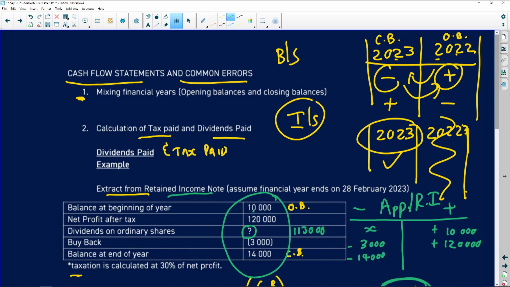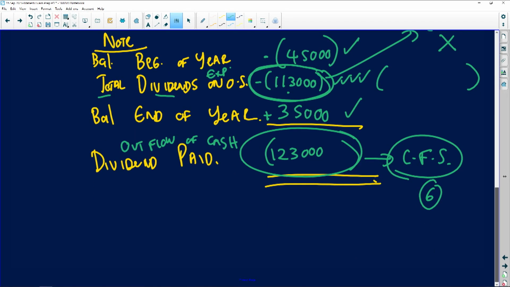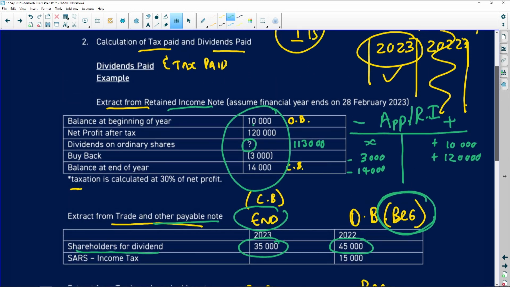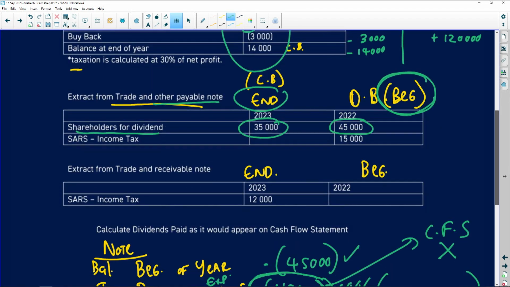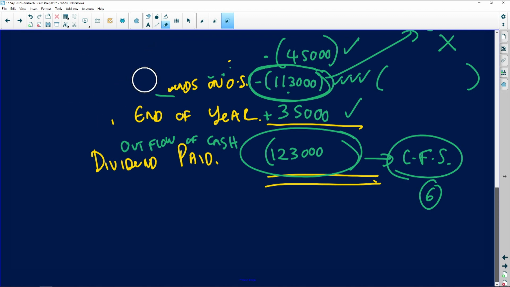Let's just quickly go here. Okay, dividends paid. Oh, I don't think I've got tax paid. Okay, we can just quickly add that on. Right, so I'm just going to quickly extend this page here for a bit. Or let me just quickly erase this, because it'll just help me instead of moving back and forth.